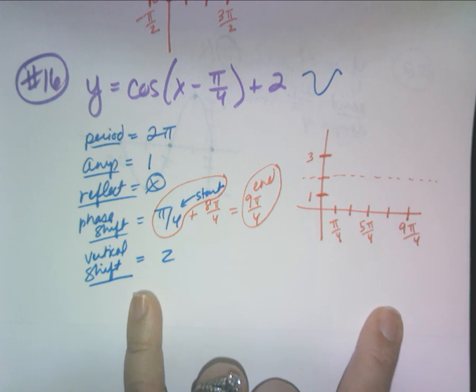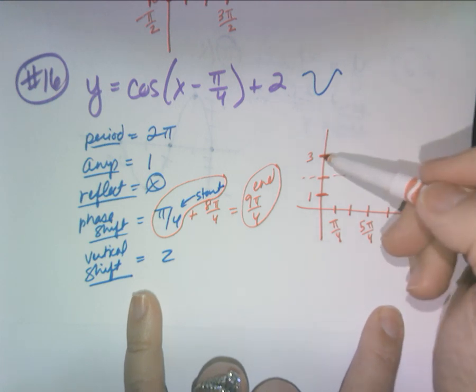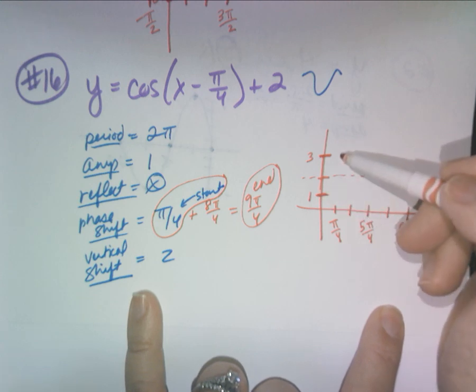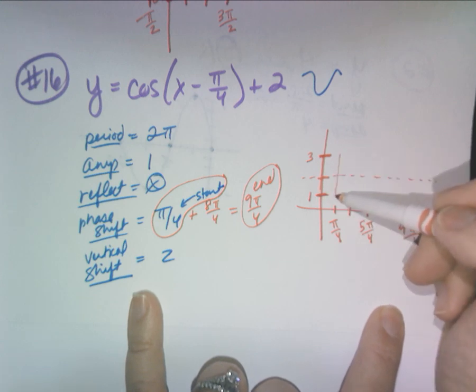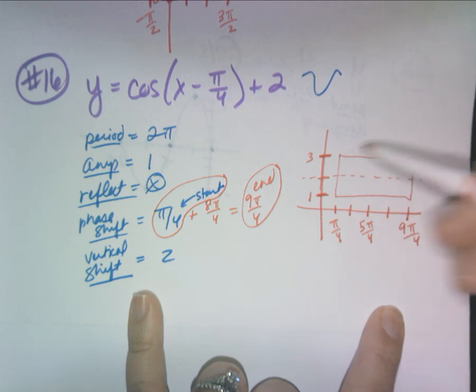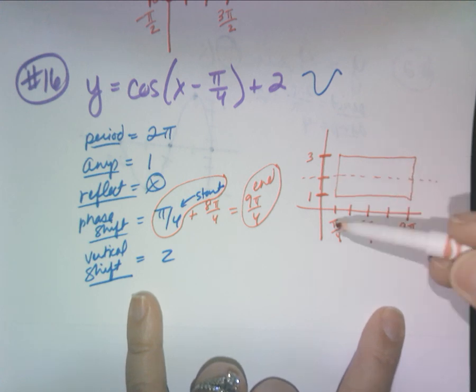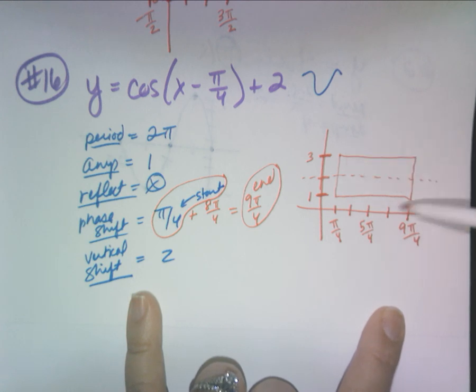Okay, so what does that mean? My graph is living here. Does that make sense? My graph is living up in there. It's been shifted up, it's been shifted over. I need 1 full cycle of cosine right in that shifted box right there.